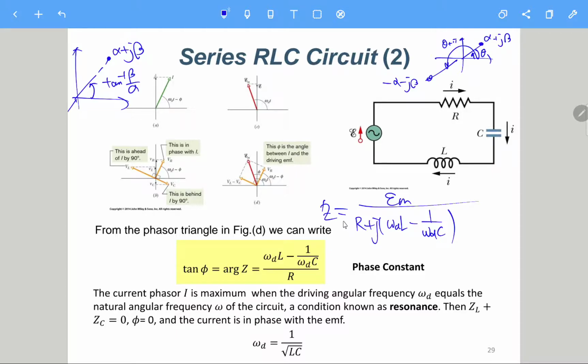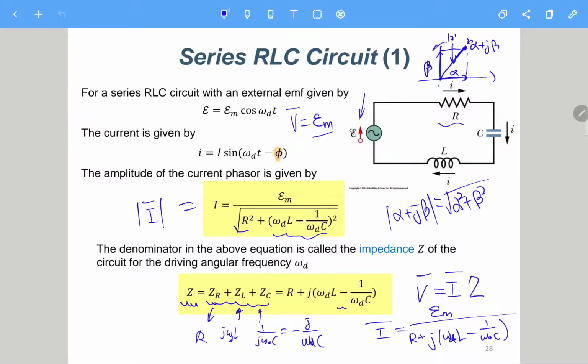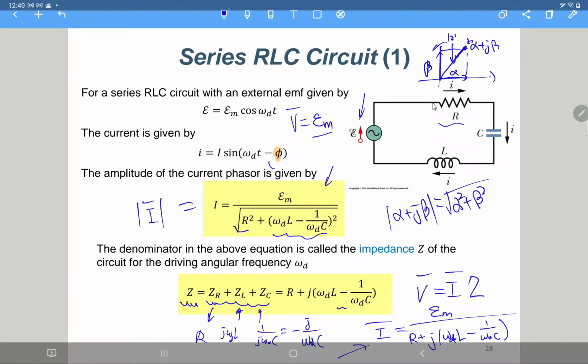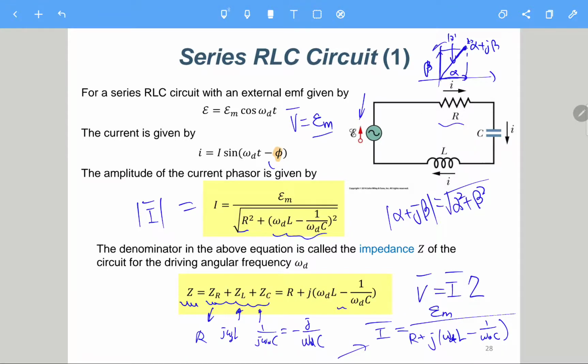If you consider the phase of I bar, the phasor I, then it should be negative.